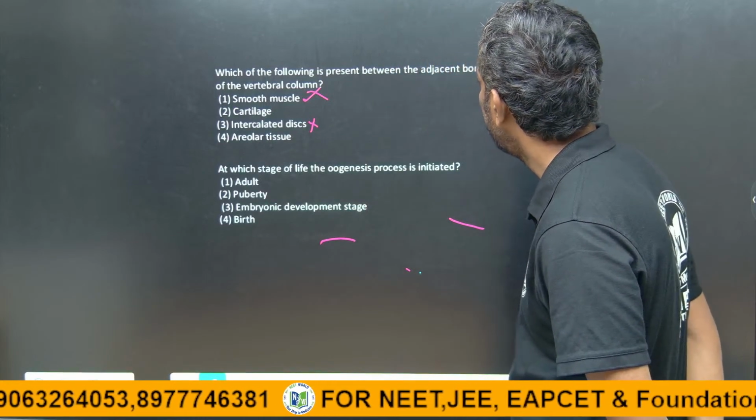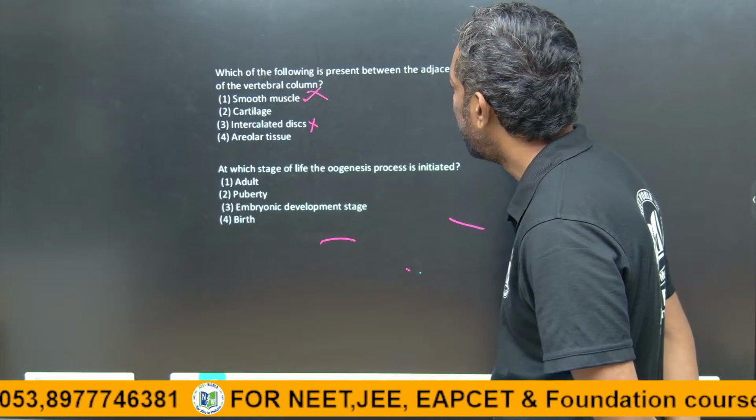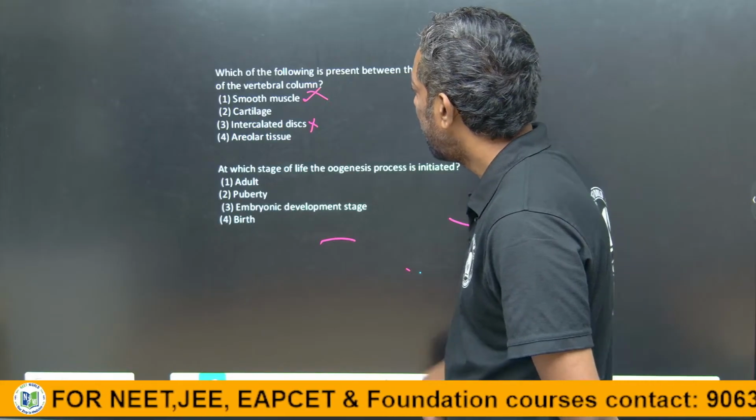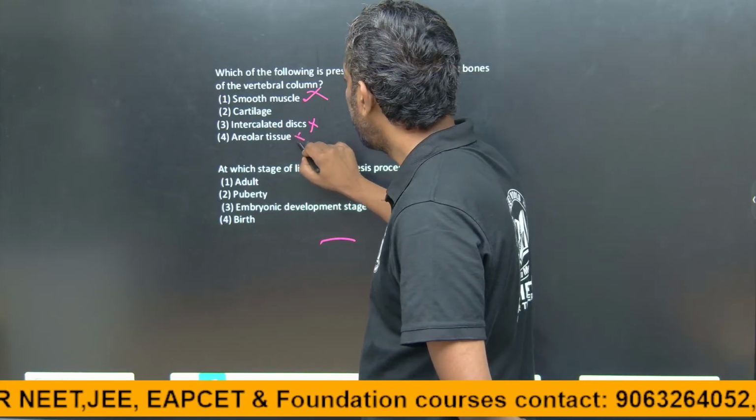Which of the following is present between the adjacent bones of the vertebral column? Areolar disc, they do not attach bone.